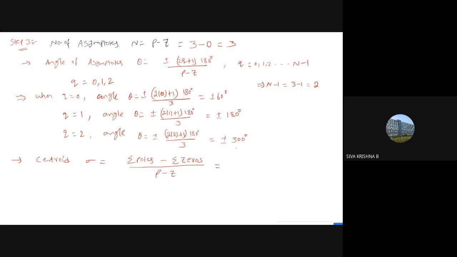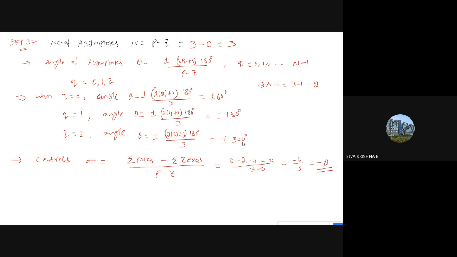Those values: 0, minus 2, minus 4. Are there any zeros? No, sir. No zeros. So divided by p minus z, which is 3 minus 0. So the total is minus 2. This is the centroid sigma. So from minus 2 you have to draw these three angles.